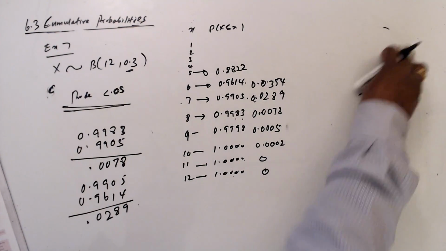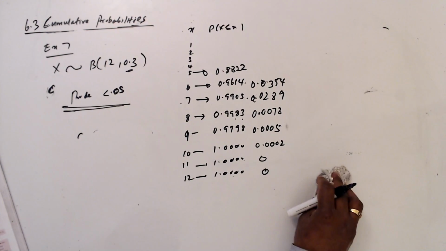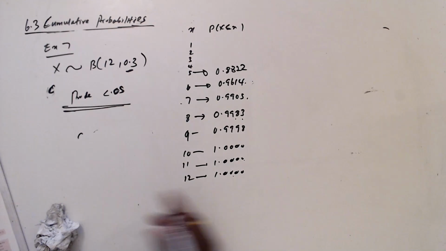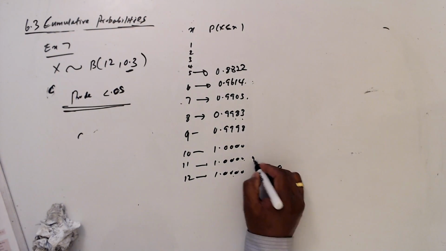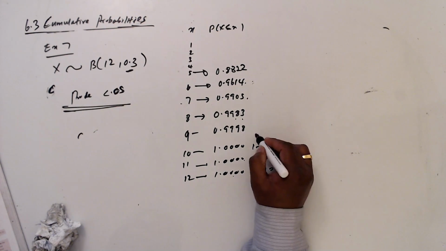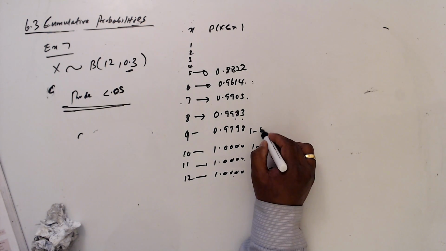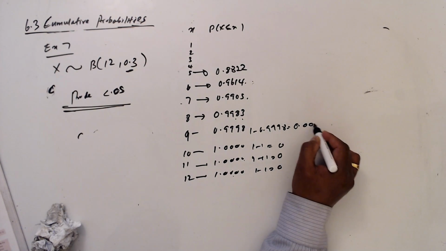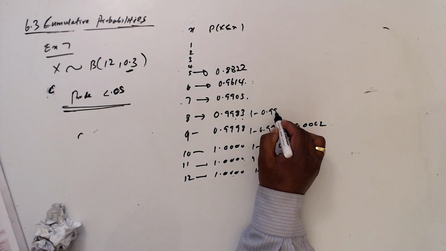So we didn't finish the sum yet. Instead of finding this one, I'm going to find 1 minus. So this is 1 minus 1 is 0. 1 minus 1 is 0. So 1 minus 1 is 0. So 1 minus 0.9998 is 0.0002. Then 1 minus 0.9983.